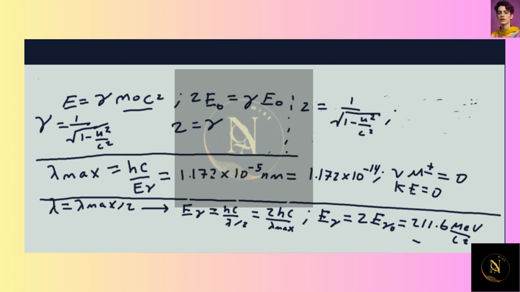I'm not sure why. Okay, so let's go ahead and do some rearranging. I can multiply both sides by this radical and divide both sides by 2. So I will get that the square root of 1 minus u squared over c squared equals 1/2.